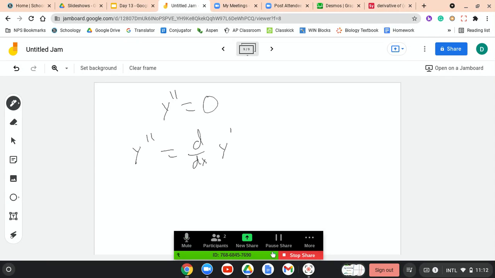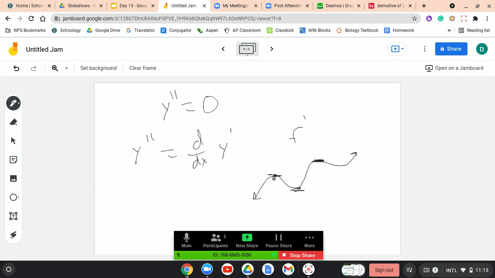So if we drew our derivative function, let's say this represents our derivative, then the slope of our derivative function represents the second derivative. So when our second derivative is 0, that's where we have our maximum or minimum of our derivative function, at least. This is not the original function. This is the derivative function.